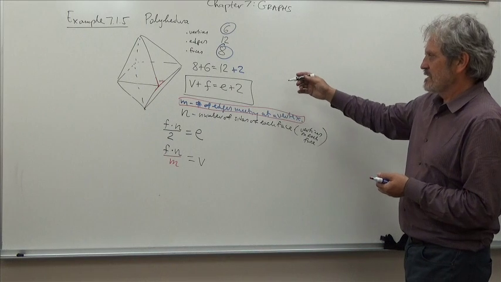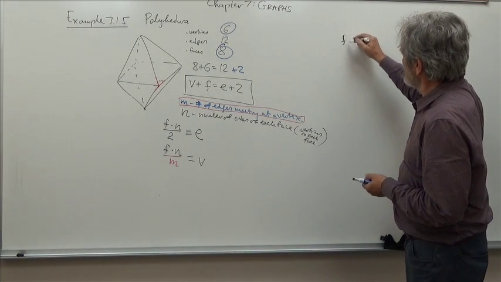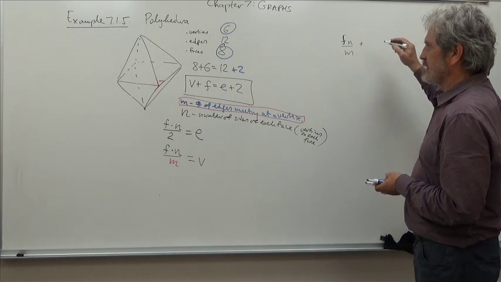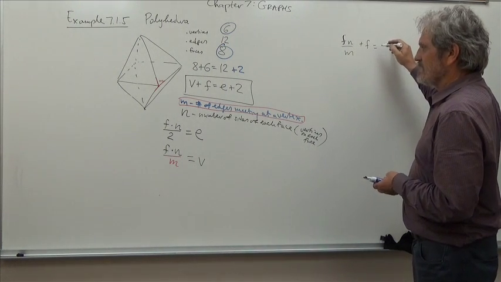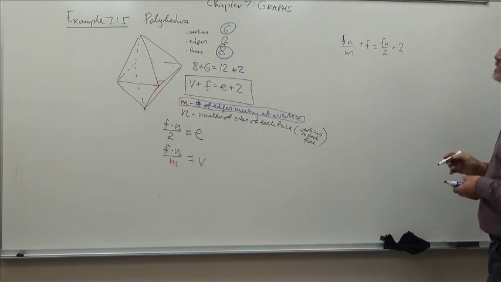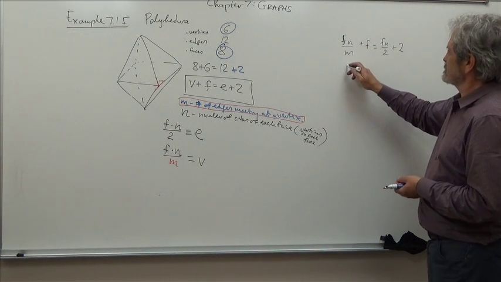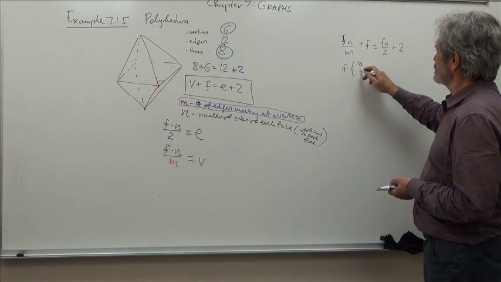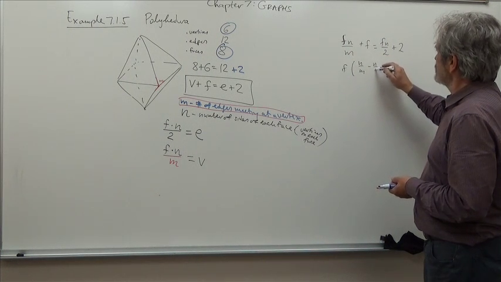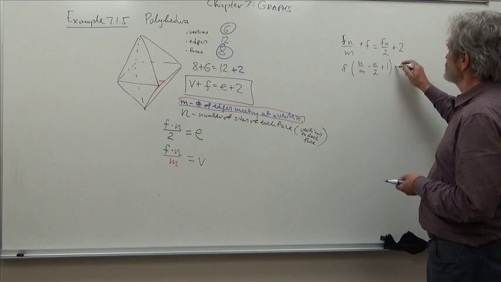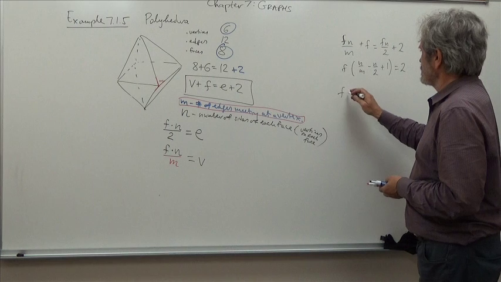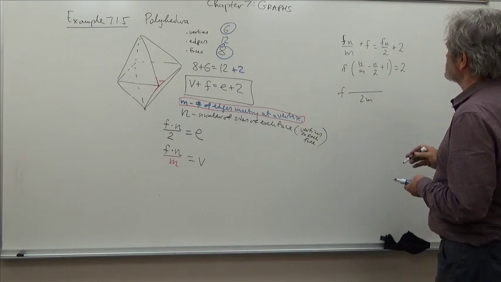But then we can replace this in the equation and get some interesting analysis. So what do we get? V, which is FN over M, plus F equals FN over 2 plus 2. Then we get all the F's on the same side, so I get N over M minus N over 2 plus 1 times F equals 2. A new common denominator, so we get 2M.